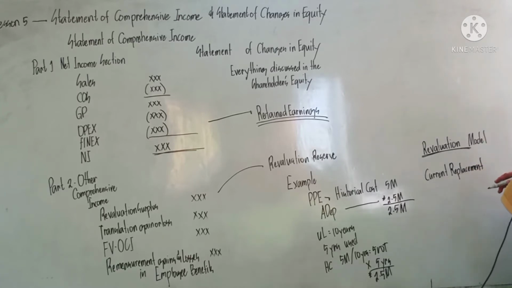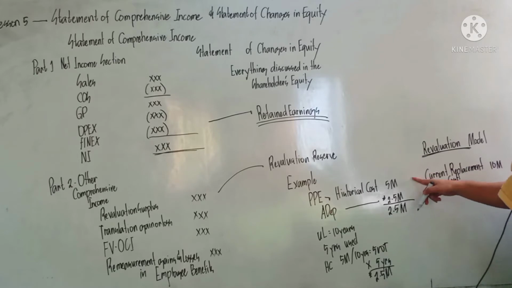That current replacement cost, for example, is about 10 million. What will happen is that if this will be recognized as the new cost, the current replacement cost, so from 5 million it increased to 10 million. So there is a change of 5 million, di ba?